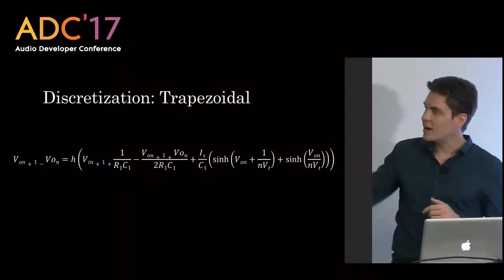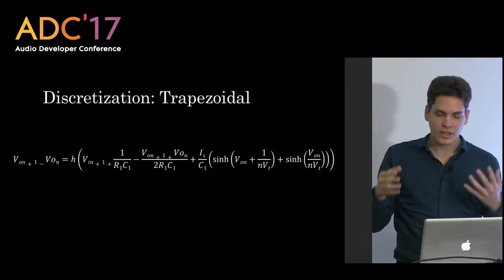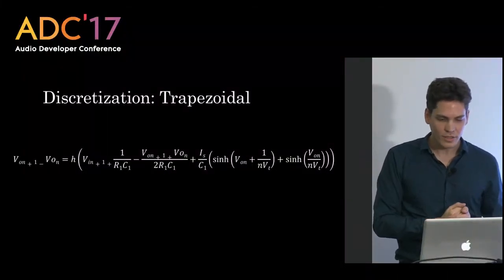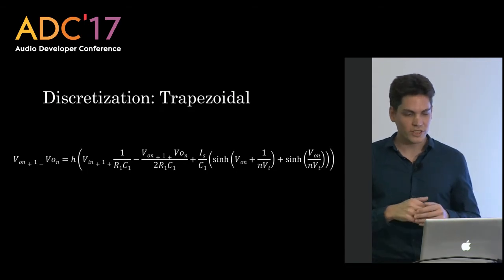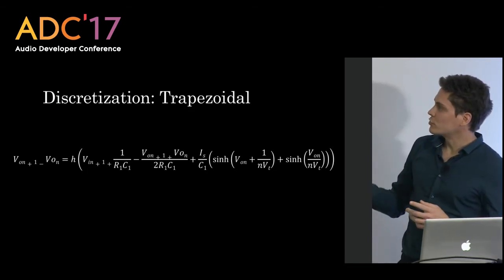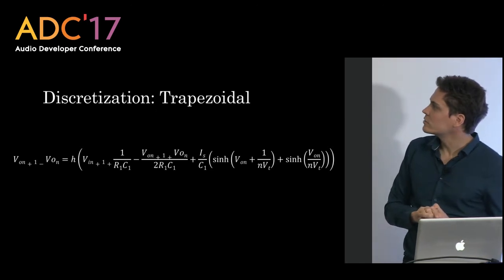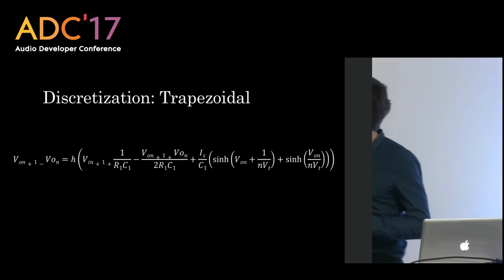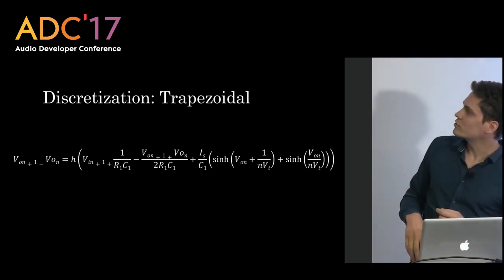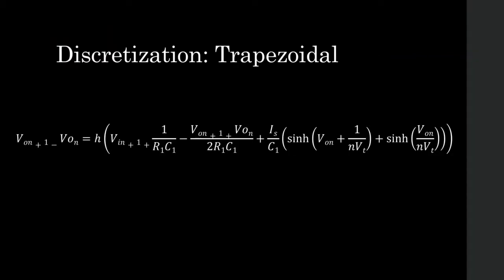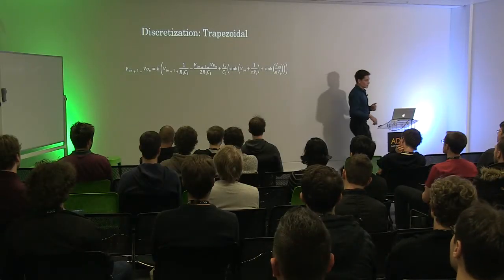We have VI, which is the input, and we want to get VO n+1 after. It's actually badly written; there are some issues with the equation. Thanks, PowerPoint, for writing really great equations. That's actually VO n+1 divided by NVT.